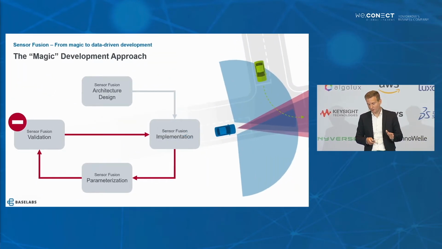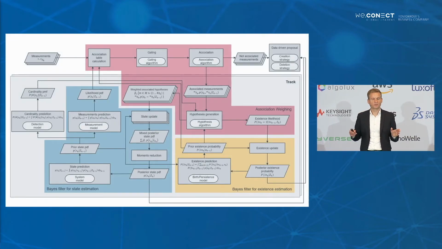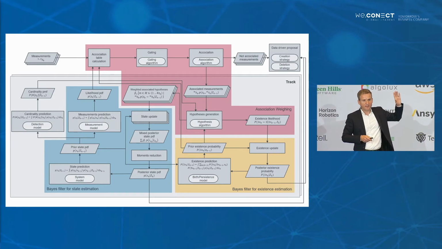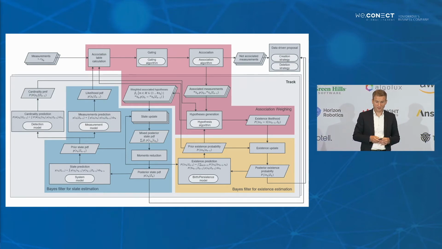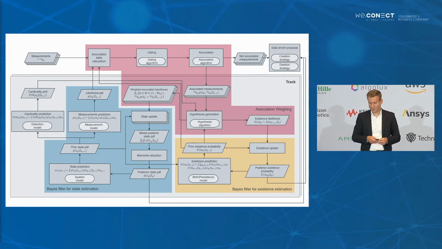Let's have a look at those conditional statements from an architecture point of view. So don't be afraid, I won't go through the equations now. But this is a simplified example of a nowadays architecture for a typical sensor fusion system that we find in many ADAS at the moment.